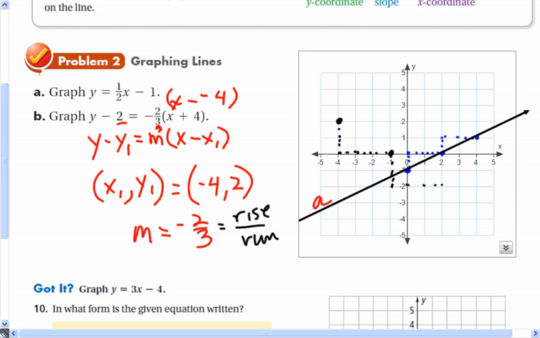And then I'm going to draw a line through those points. And that is graph B.